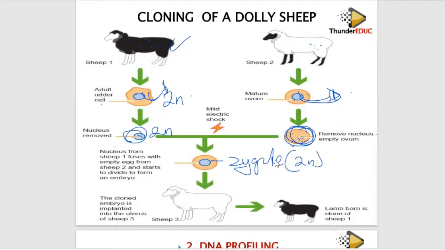So if they ask you how many chromosomes are here, if the sheep has 24, it's going to be 24, or 2N. Now, which method do we use? We also ask you about the method, it is mild electric shock. Then you have here the foster mother.